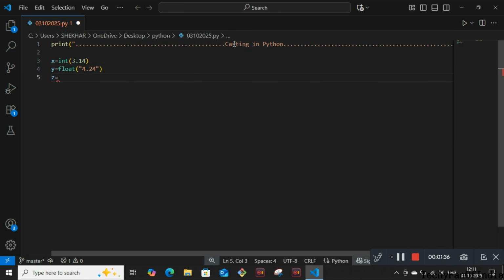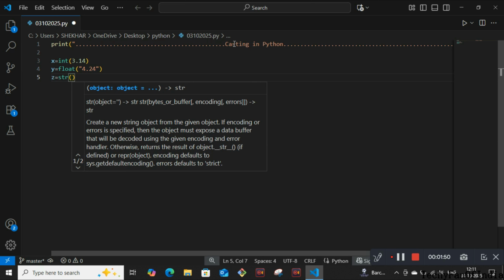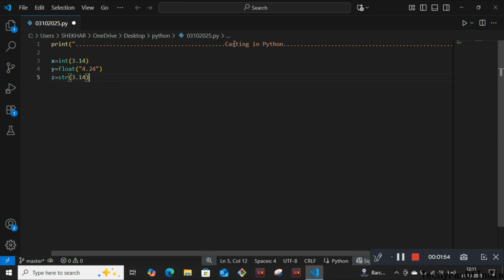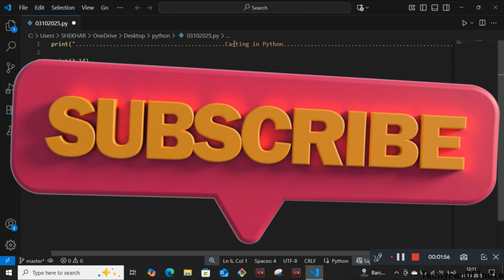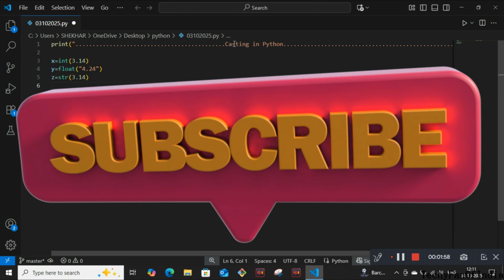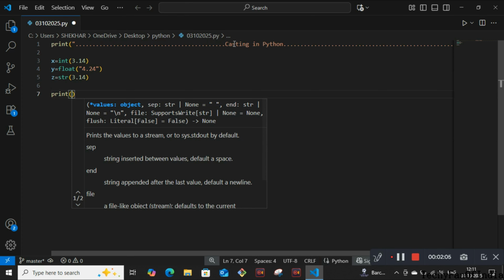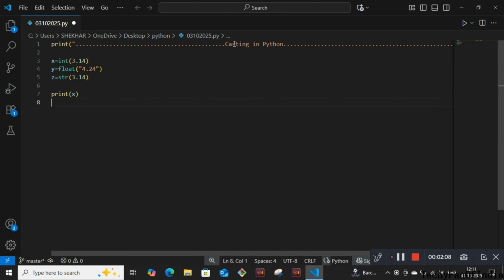Next value is z is equal to str, which means a string value, and inside the string we put 3.14. As we know, a string is always written inside double inverted commas if it is characters, but here it is a number, so it will not be written in that form. We print the value of x, which will print 3 only.